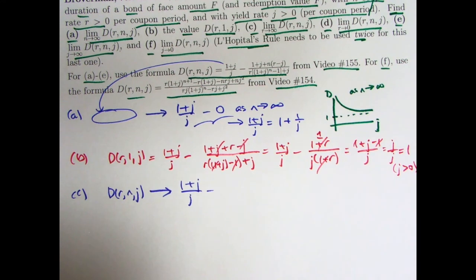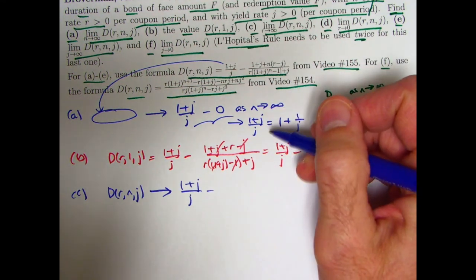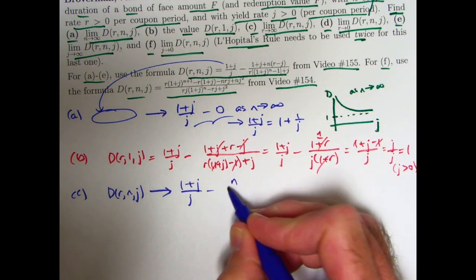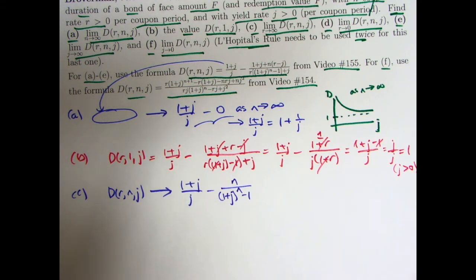I hope you remember from pre-calculus or calculus that when you have a rational function where the degree of the top and the bottom are the same, 1 in this case, as the variable goes to infinity, the limiting value is the ratio of the coefficients of that variable, n divided by this. I'll go ahead and write that down, n divided by 1 plus j to the n minus 1.